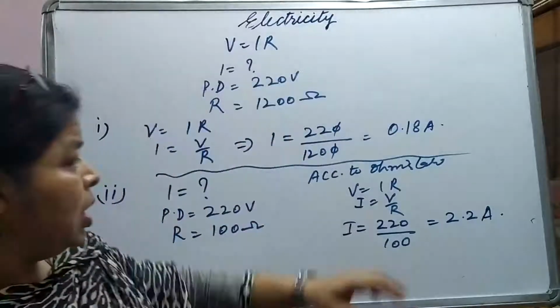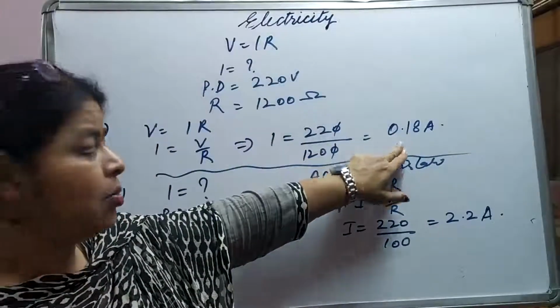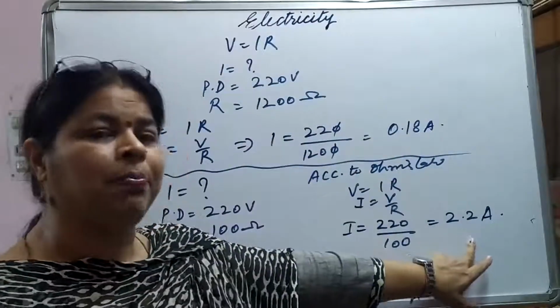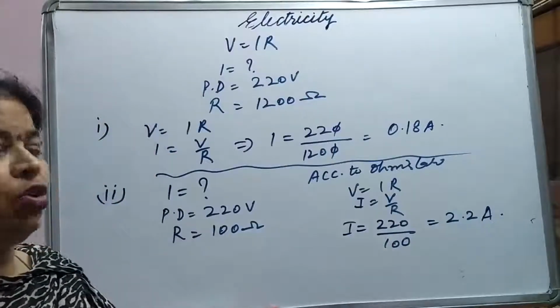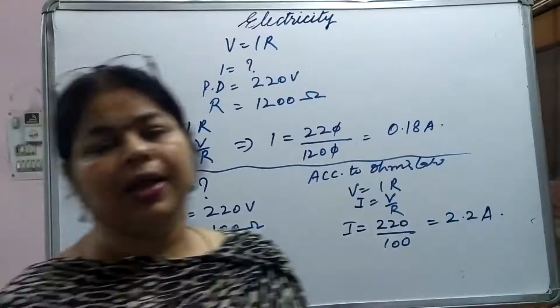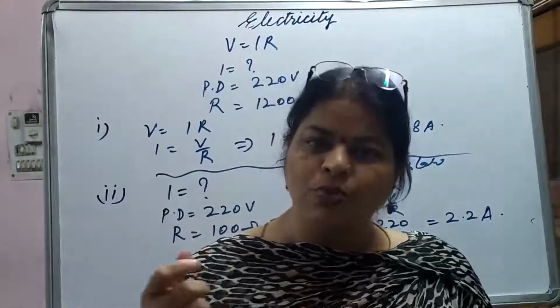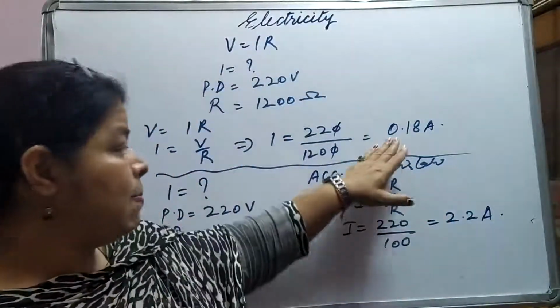Can you see? In this it is 0.18 amperes and it is 2.2 amperes. So how much current is being drawn by whom? Heater is going to draw more current as compared to the bulb.